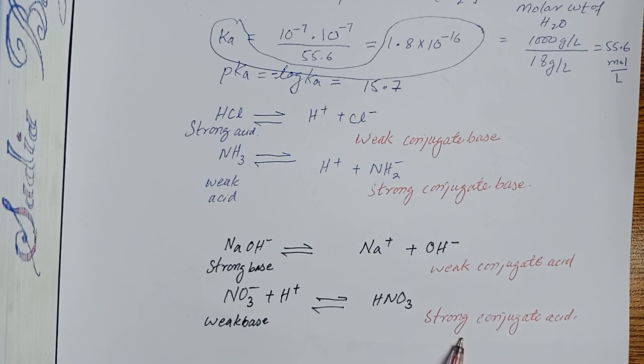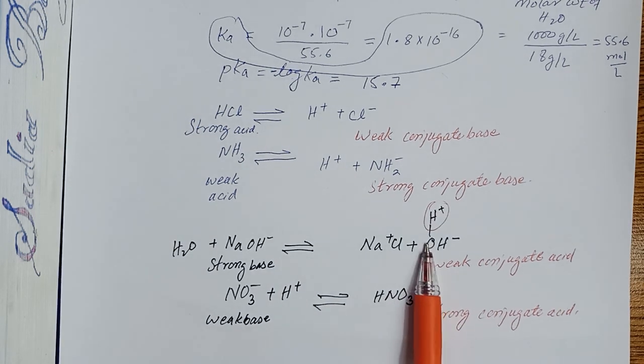The reasons for base strength are the opposite of the reasons for the conjugate acid strengths. For a Lowry-Bronsted base, the stronger the base, the more willing it is to accept the proton.